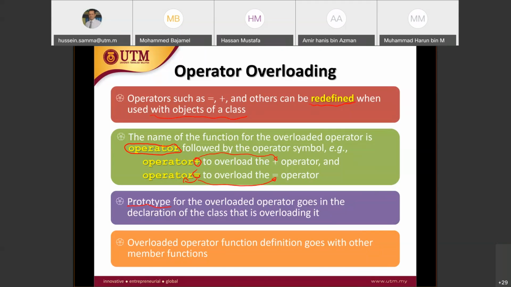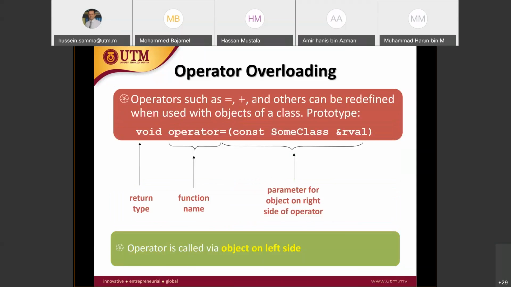The prototype for the overloaded operator goes in the declaration of the class, and the overloading definition goes with the other member functions. I'll show you with the coding here. This is the syntax: no return value. You have to use the keyword operator together with the operator that you want to overload, and this will be the name of your function.